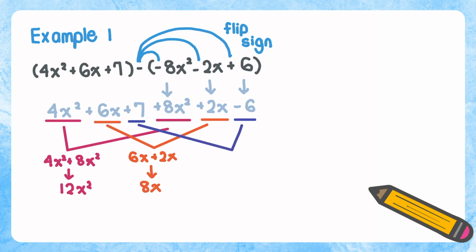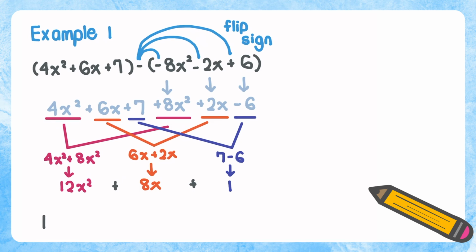So lastly, let's look at the constants. What is 7 minus 6? So that equals 1. So we have 12x squared plus 8x plus 1. Let me rewrite this. 12x squared plus 8x plus 1.